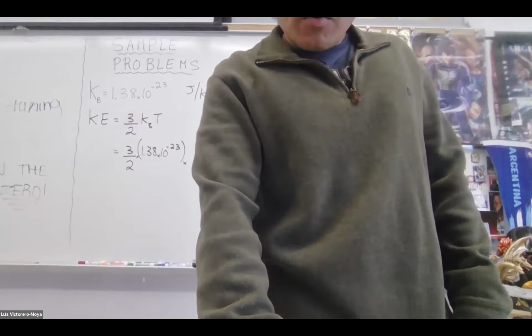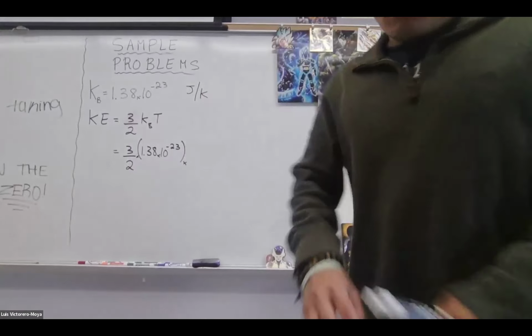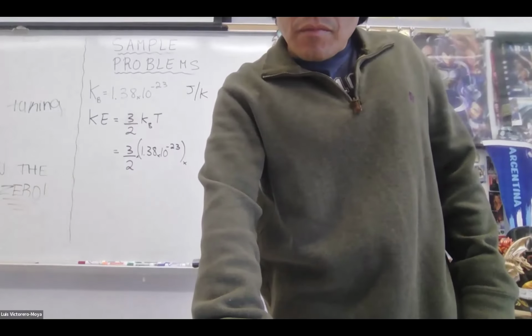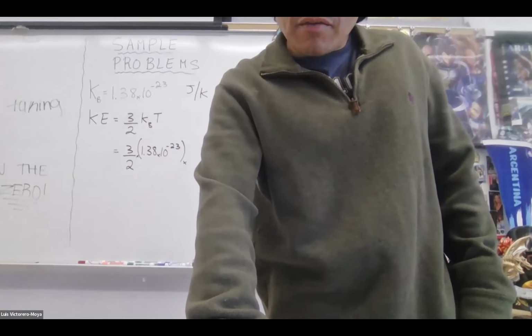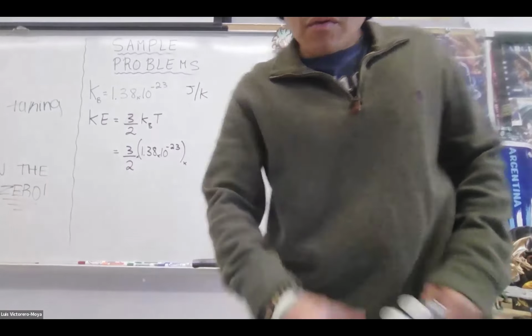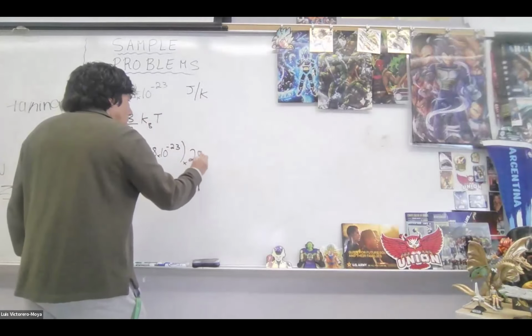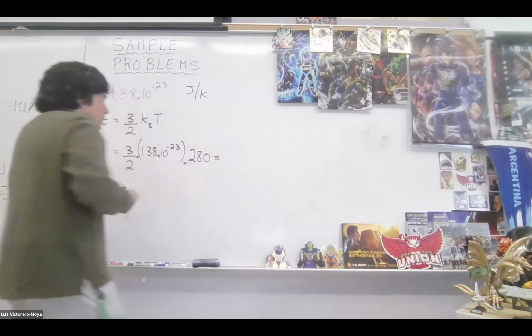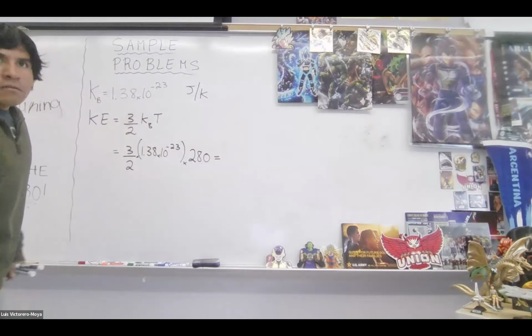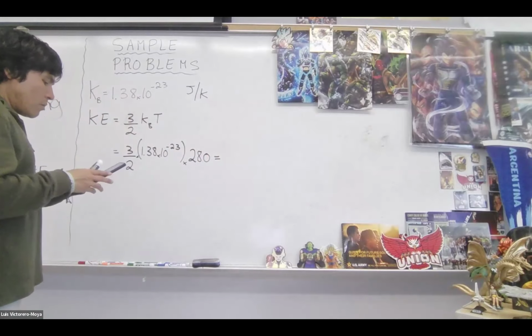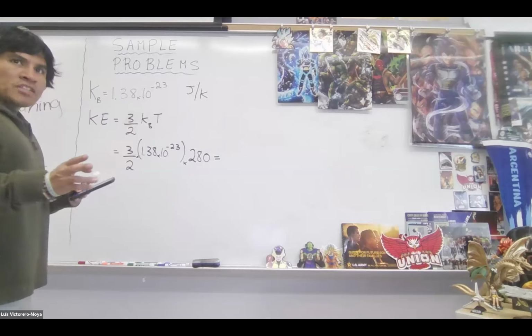Let's put this in here, just to double check the numbers, times 280. And it's very small. When we start finding the root mean square value of the speed of the molecule, that is when it's going to change.